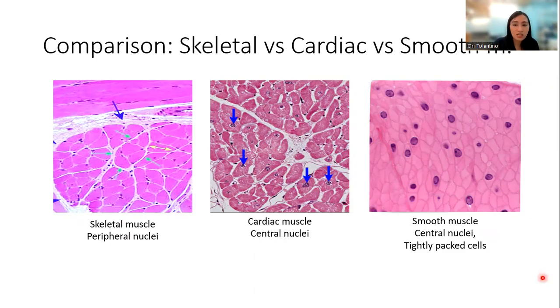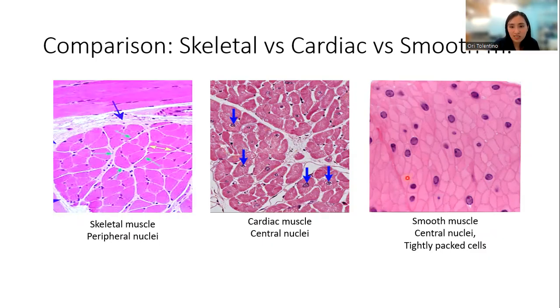In the cross sections, we can't see the striations, but how I remember the smooth muscle is that it has very few intervening connective tissue and the cells are very tightly packed. Compared to this, cardiac muscle has central nuclei, but it has many connective tissue and the cells are not tightly packed.